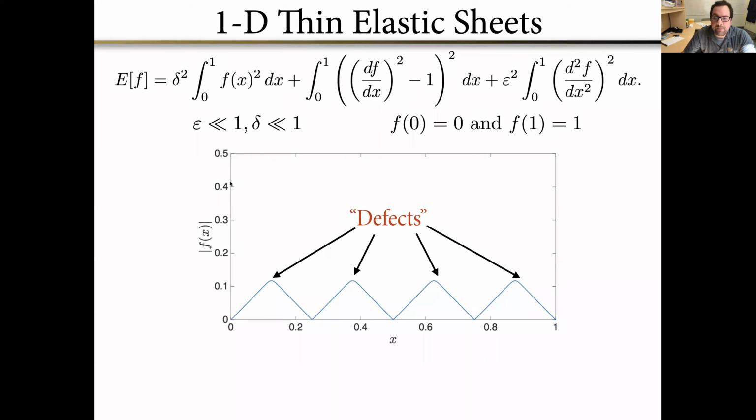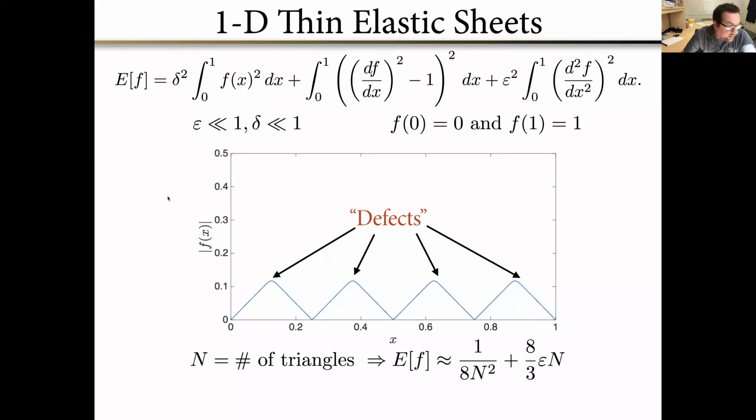these singularities. Okay, but what you can do, I'm not going to go through the details of it, is estimate the energy that's concentrated on these tips. And you get a precise scaling law for this energy as a function of the number of tips. And if you optimize over this, you get a scaling law.